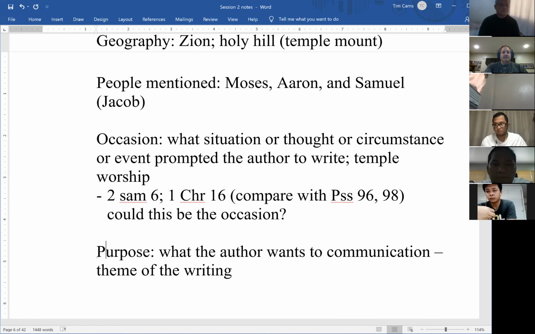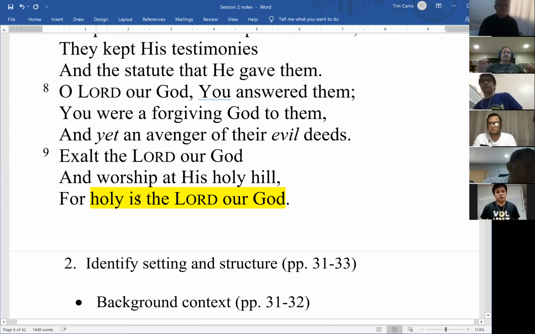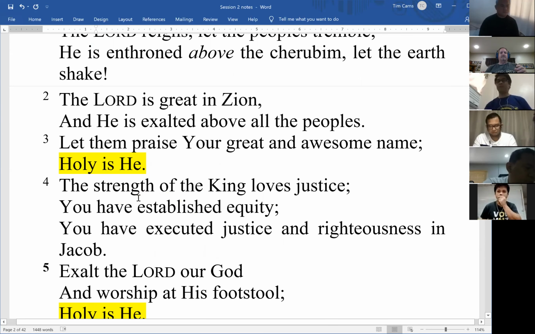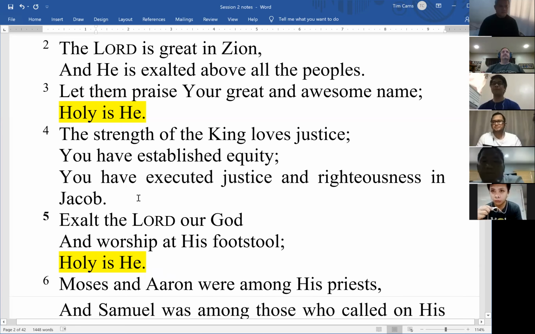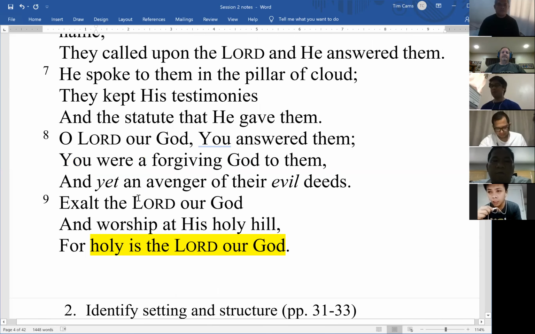Now the purpose, what the author wanted to communicate. What did he want to communicate with this psalm? As we look back at this psalm, and we talked about this last week, what seems to be the main thrust, the main focus of this psalm? The people to worship God. People coming to worship. Exalt the Holy Lord. Yeah, exalt God. And notice we have highlighted, holy is He. Holy is the Lord.